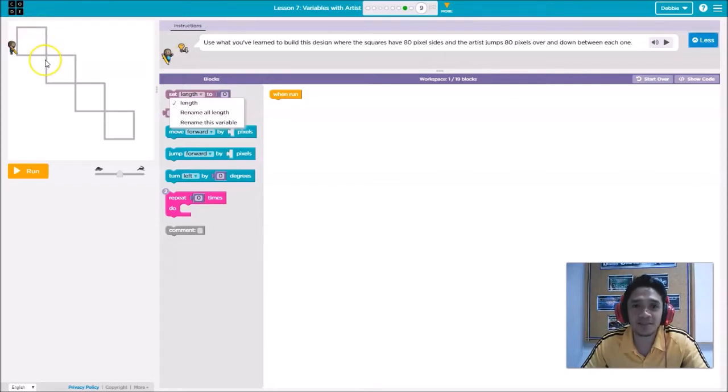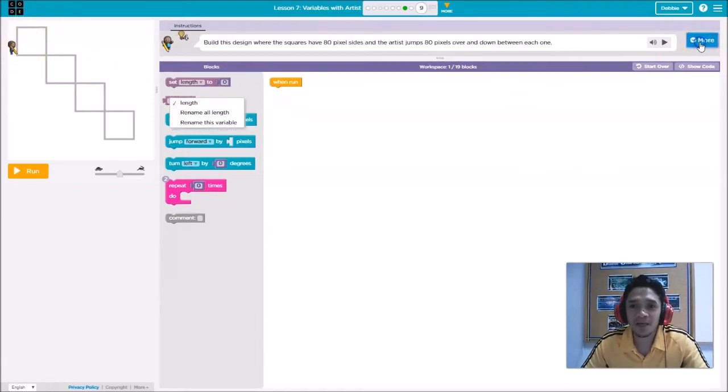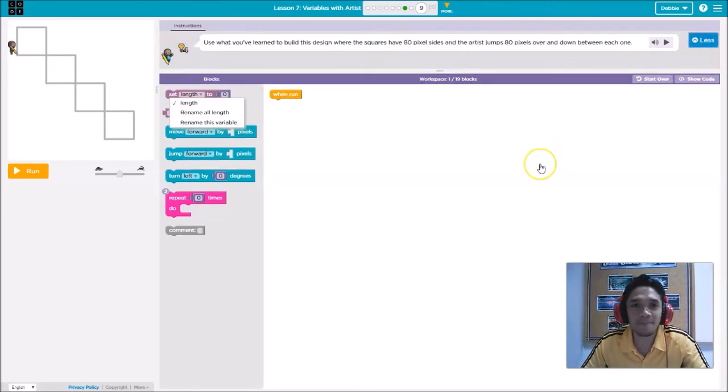When you jump, it's still 80 pixels. Meaning to say, that's the distance of the sides of the squares. So let's start now.